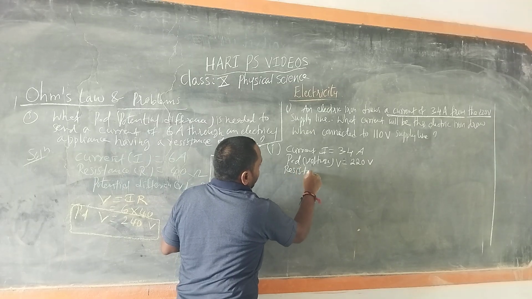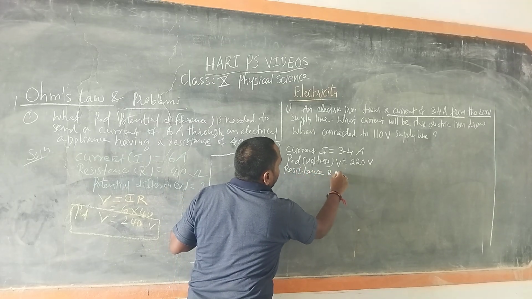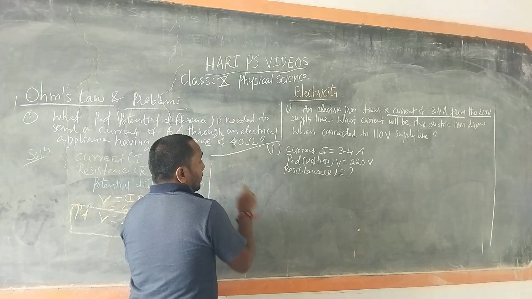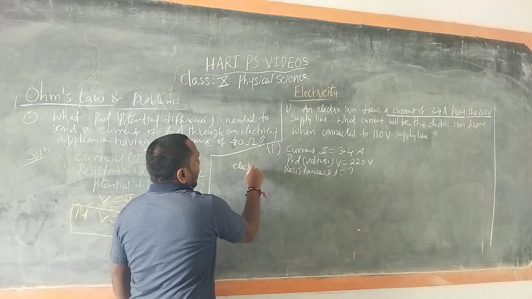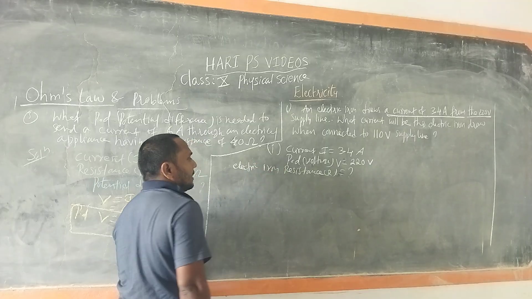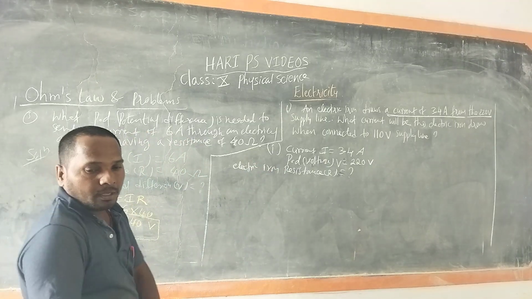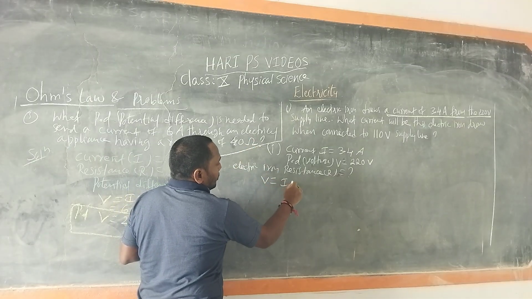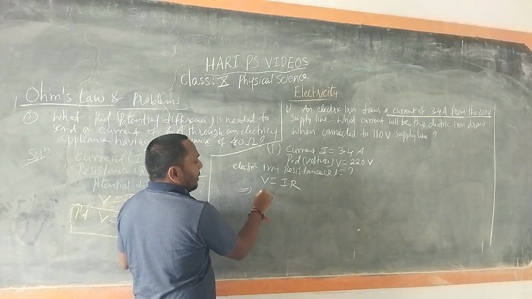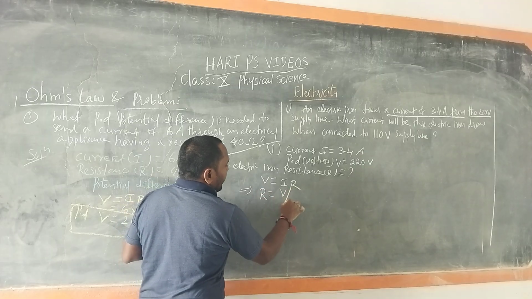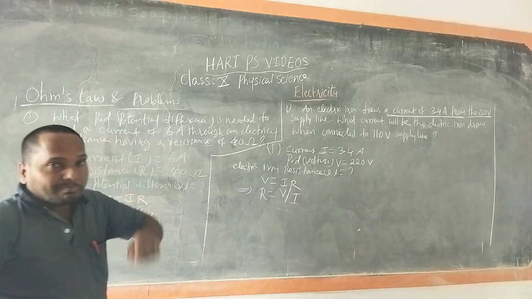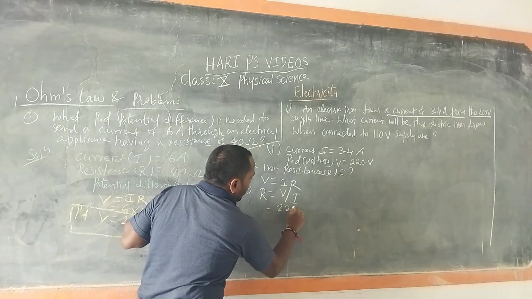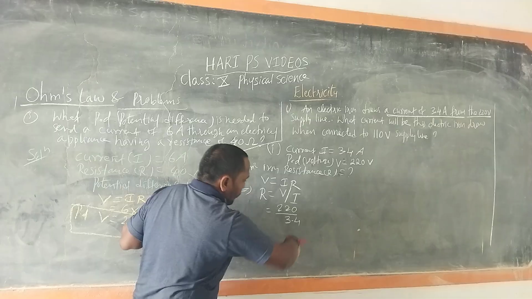Resistance. Then the electric iron resistance R is equal to, from the formula V is equal to IR, you can write R is equal to V by I. Substitute the values: 220 by 3.4.